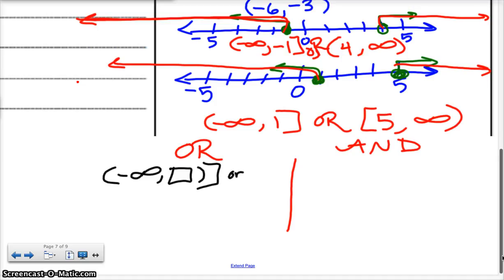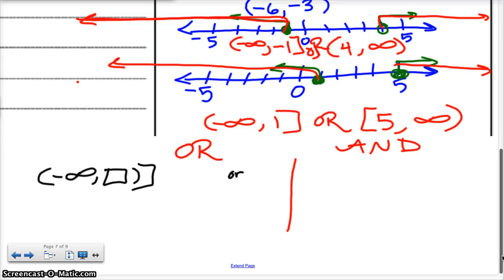Or you go from a number with a parentheses or bracket. You go from a number, comma, positive infinity, parentheses.